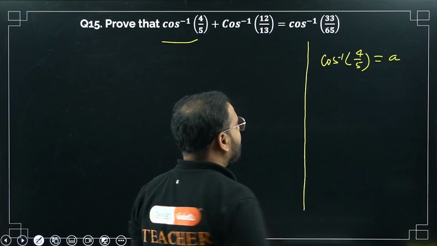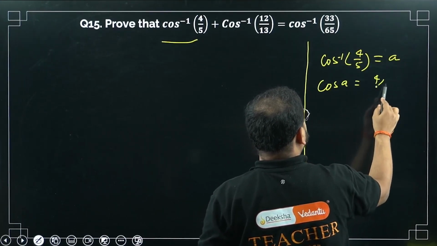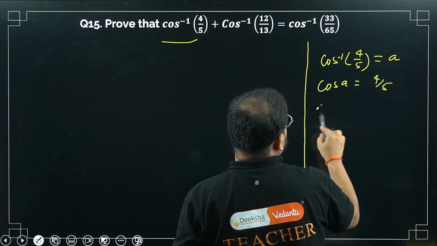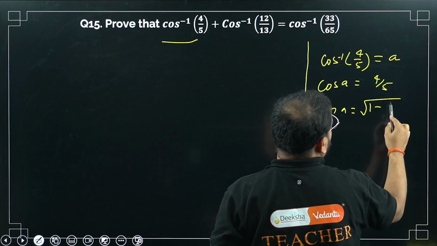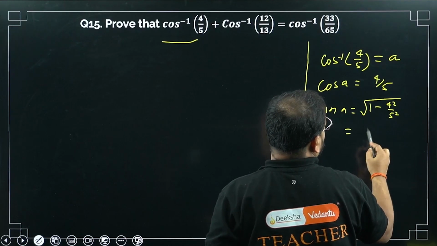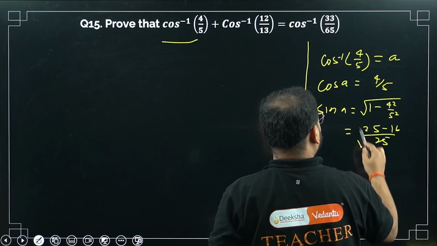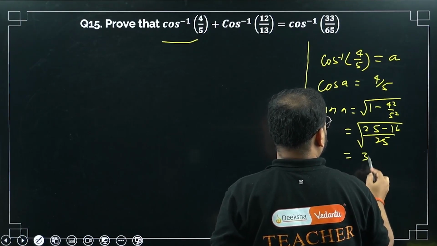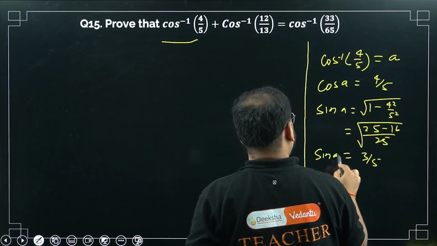From here I can get cos A is 4 by 5. So what is sin A? Sin A is equal to root of 1 minus 4 square by 5 square. How much is that, bacha? 25 minus 16 upon 25, 9 by 25 is what? 3 by 5. This is sin A.